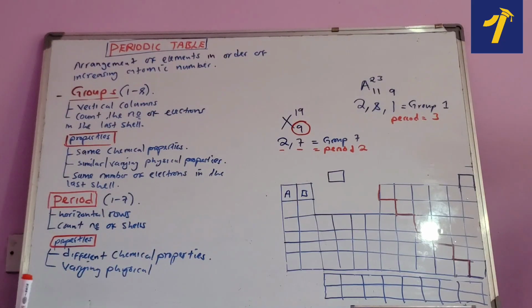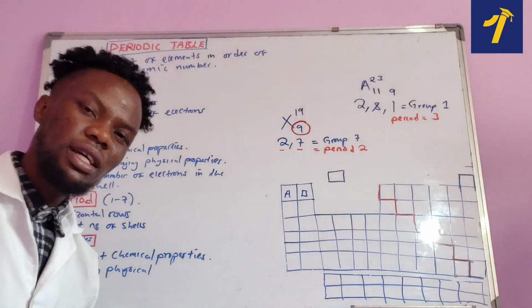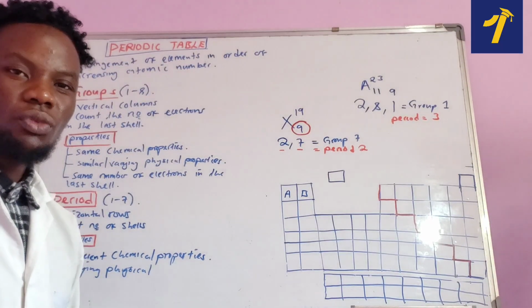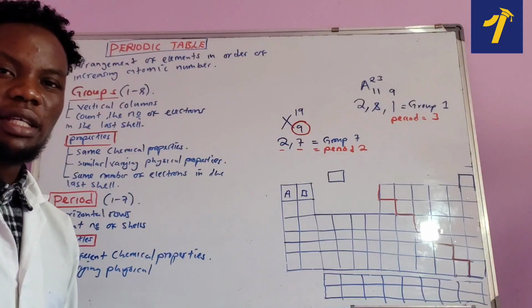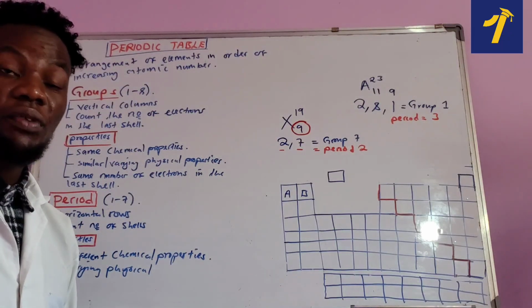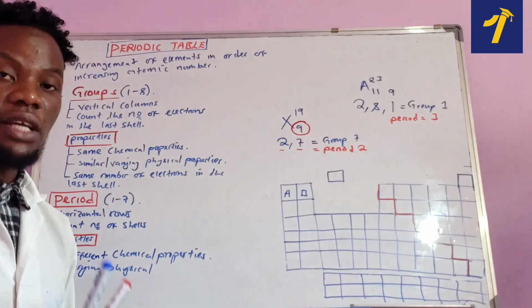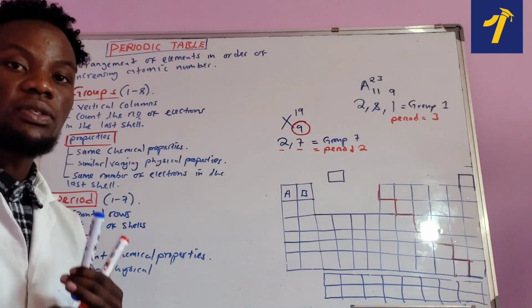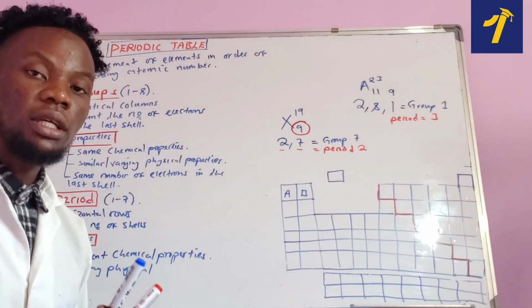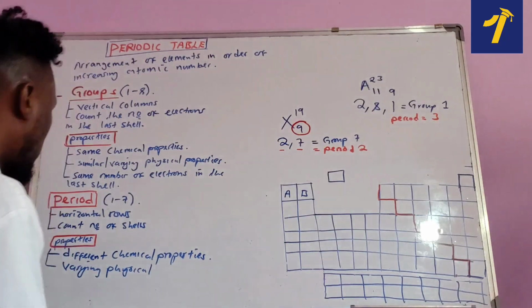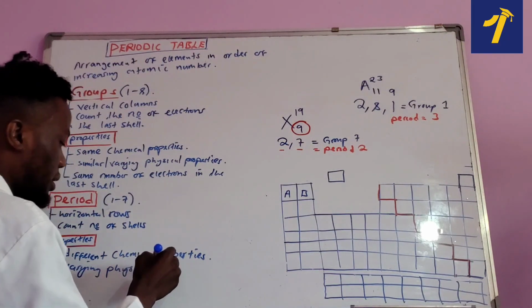Like boiling point, melting point, and the weight of that object, basically we're talking about physical properties. Physical properties are always different. As long as the element is not the same element, it's going to have different physical properties. So, varying physical properties.